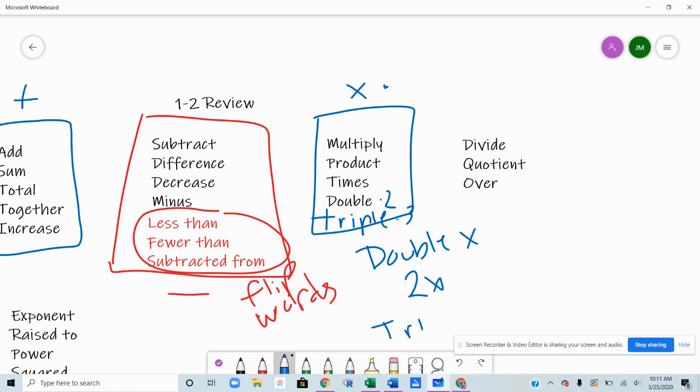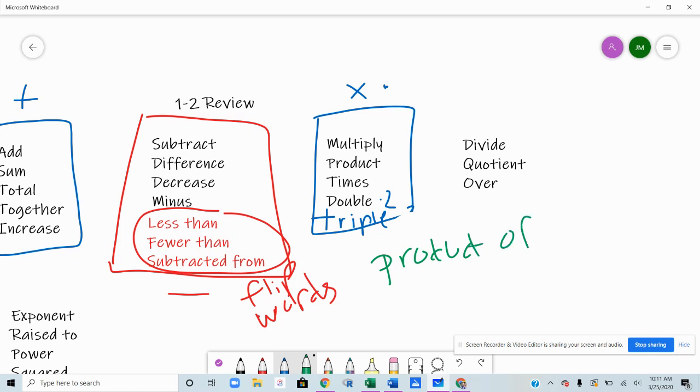So if it said triple y, means 3y. But the other ones, multiply, product, and times, just let you know you're going to times those whatever 2 things together. It might say the product of x and y, which means you have x times y. It might say the product of 3 and t, which means you're going to do 3t. Or multiply 3 and t. 3 times t all means the same thing.